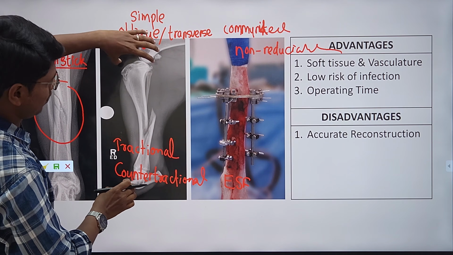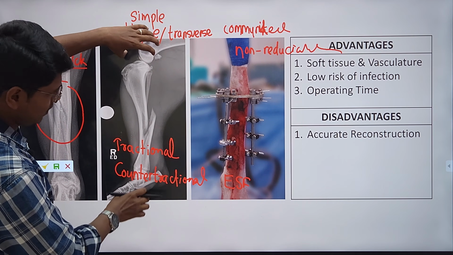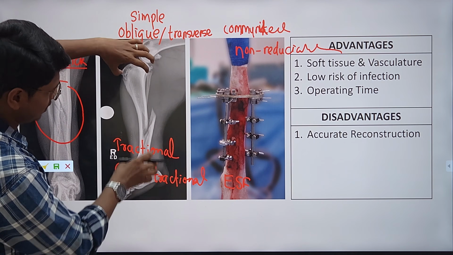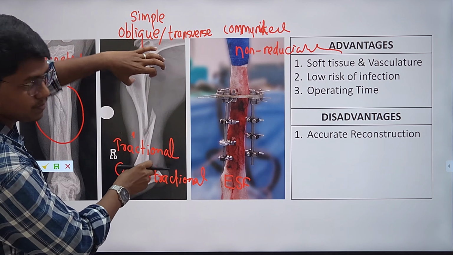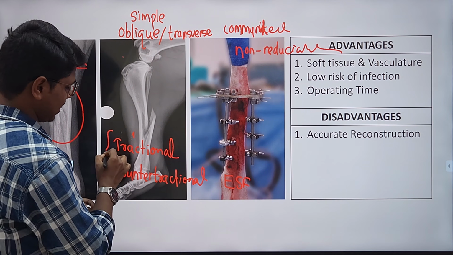So someone will hold this limb from the stifle joint and someone will hold from the hock joint or some point below, then someone will apply traction, this is counter traction, so that this will become opposed, in normal anatomical configuration. Okay, that is traction and counter traction.